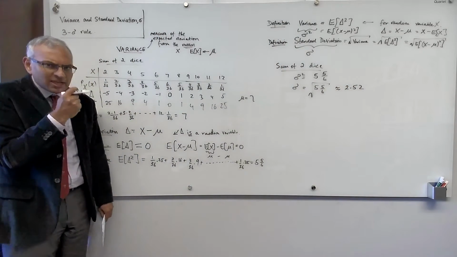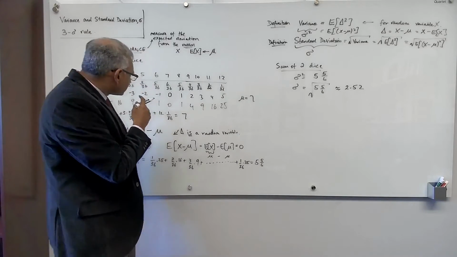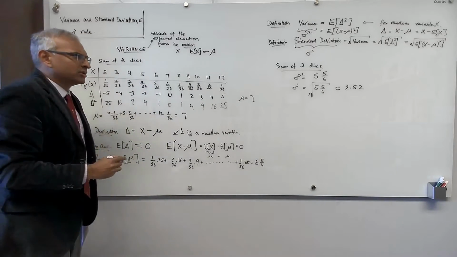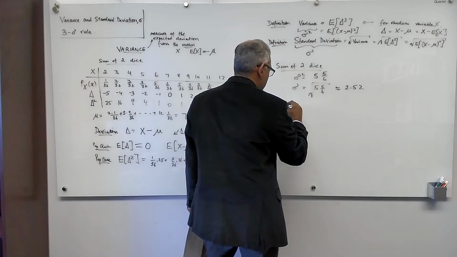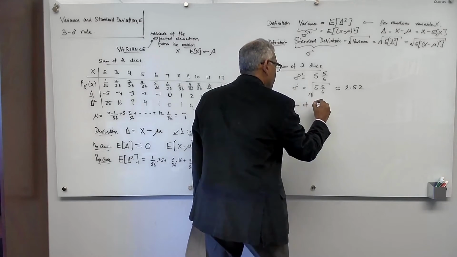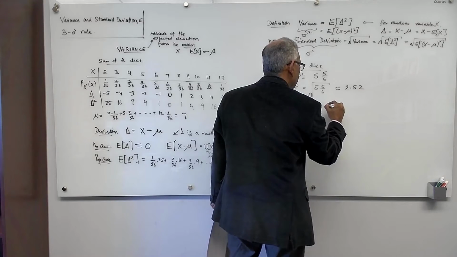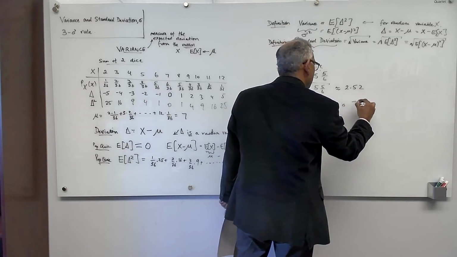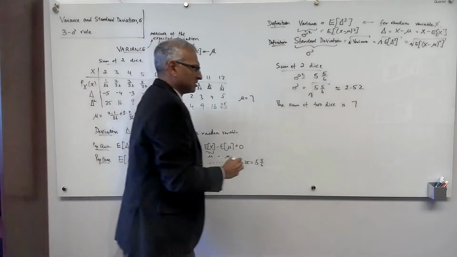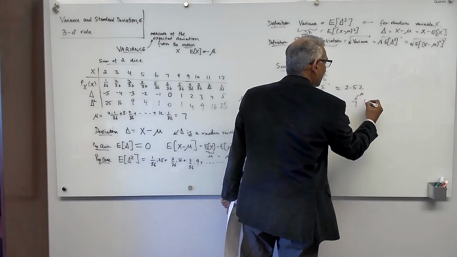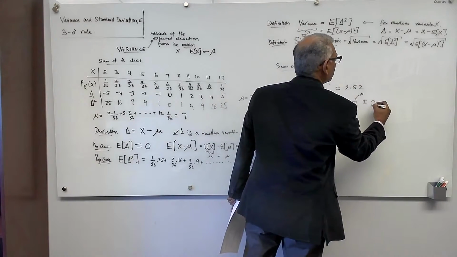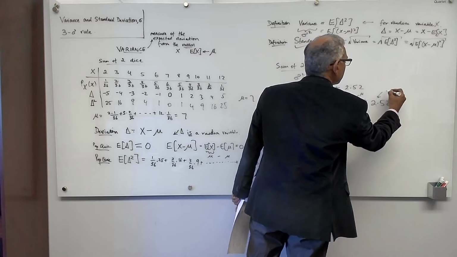Sometimes you'll hear people say that the sum of 2 dice is 7, its mean mu, plus or minus 2.52, which is the standard deviation.